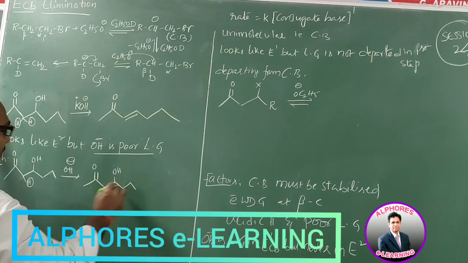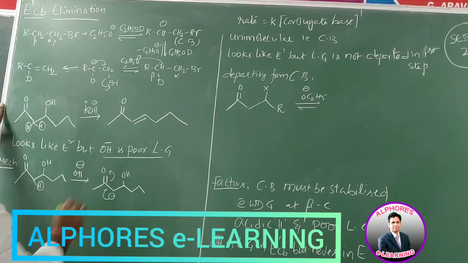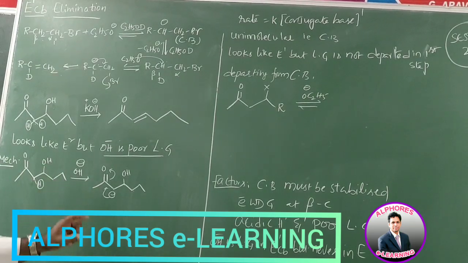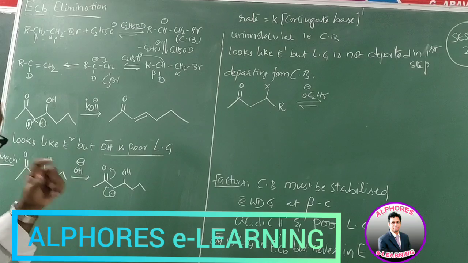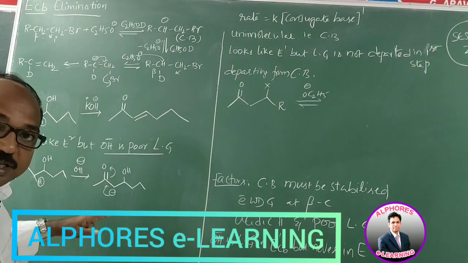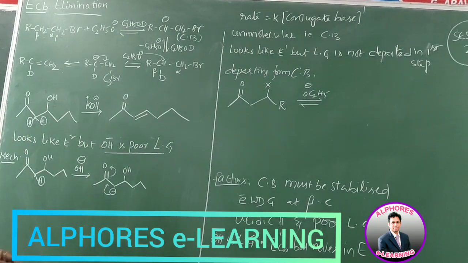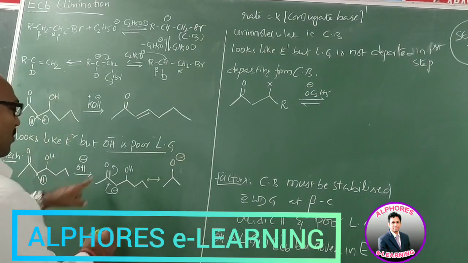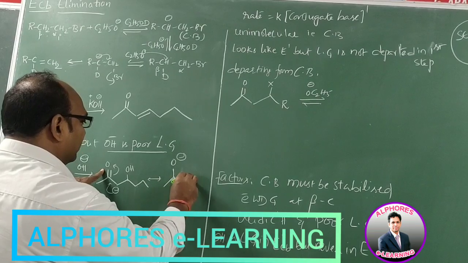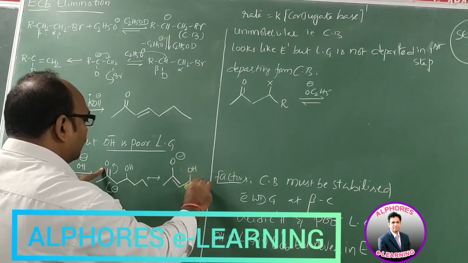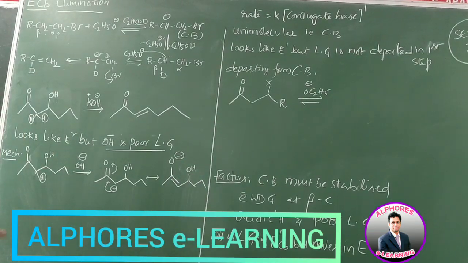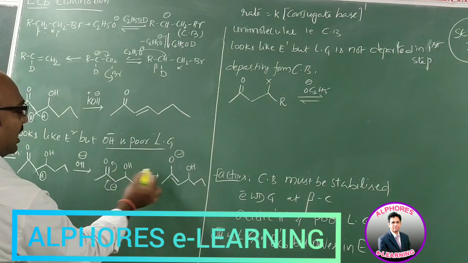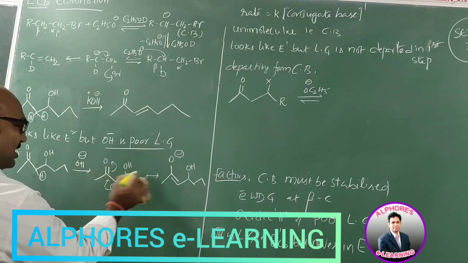Yes, because it is involving in resonance with C double bond O. Why is this hydrogen the only acidic one? The resultant formed carbanion, or negative charge, can be stabilized with respect to C double bond O. Hence, in this case, one more resonance structure we are getting is O minus, here double bond formation, here OH, like this. These two are interconvertible resonance structures, because of resonance this carbanion can be stabilized.